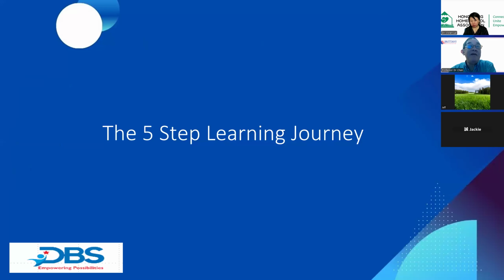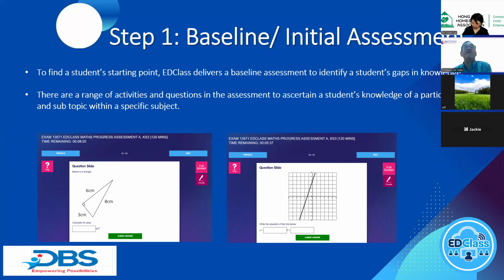I talked to you about the 5-step learning journey that EdClass actually makes use of. So step 1, they call it baseline initial assessment. Now, this is very important. Before students are being taught anything, the ideal situation is they should be assessed as to where their level is.